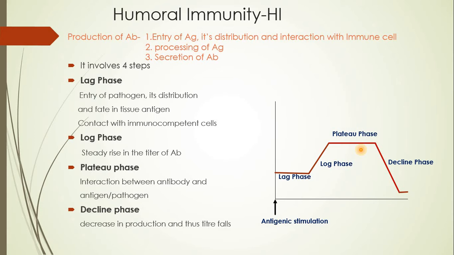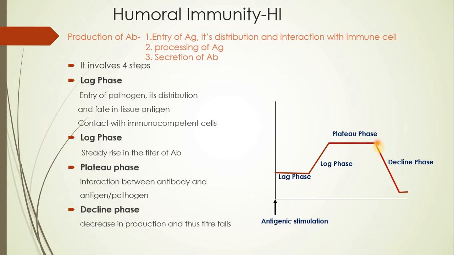Obviously, the number of antigens is getting reduced, and at the same time, the amount of antibody is also going to get reduced, because there are two reasons. First of all, the antibody which is synthesized is acting on the antigen, and because the number of antigens is getting reduced, there will be less chance for this antigen to interact with the immunocompetent cells.